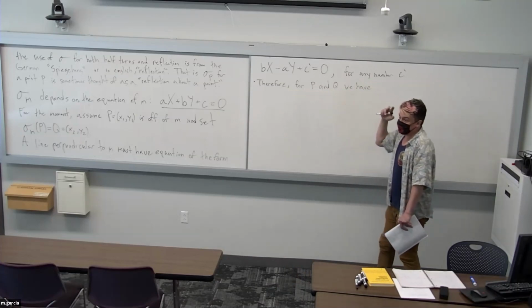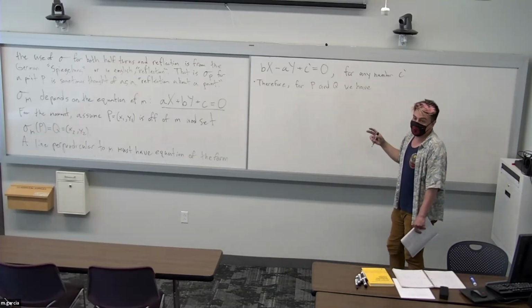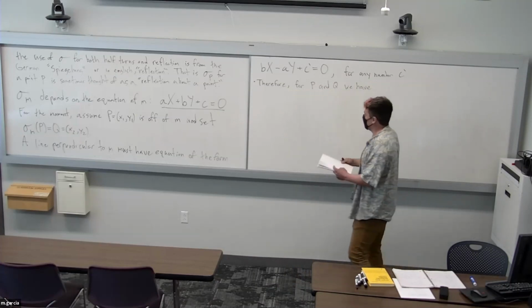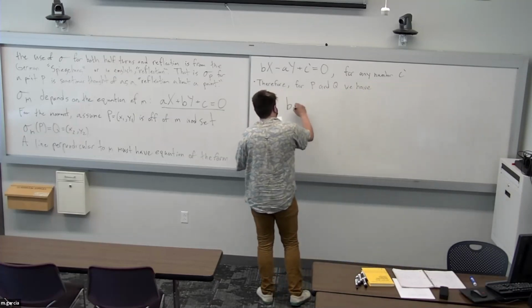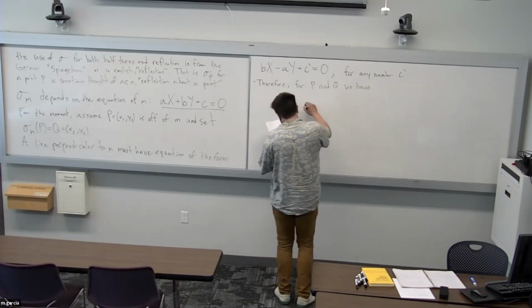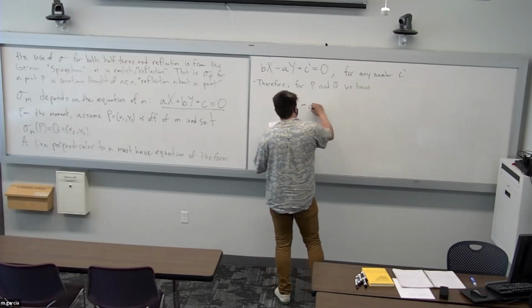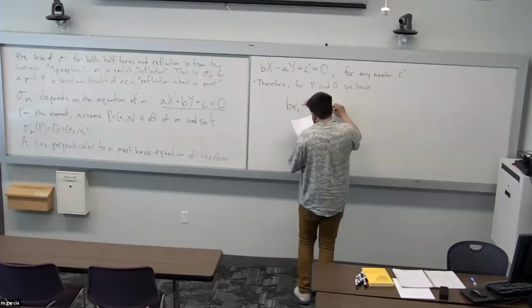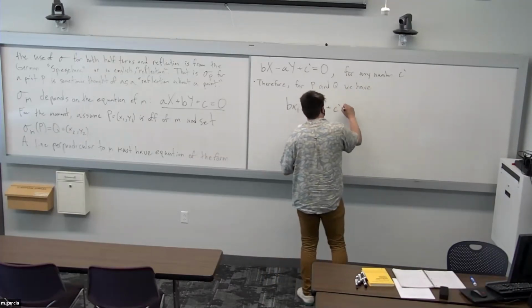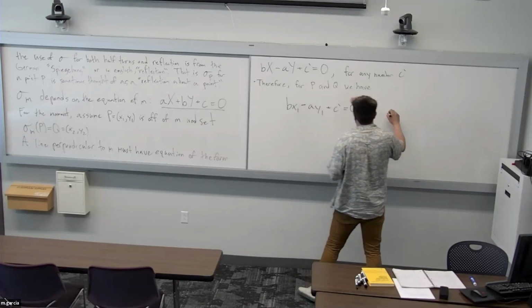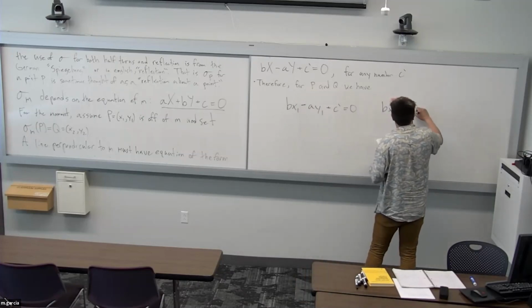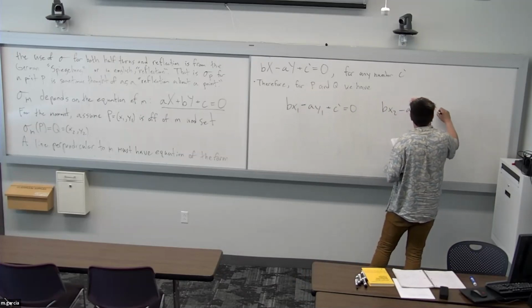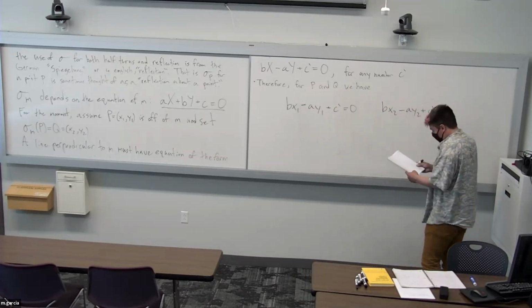So that means it lies on some perpendicular line. So we have b x1 minus a y1 plus c prime equal to 0, and b x2 minus a y2 plus c prime is equal to 0.